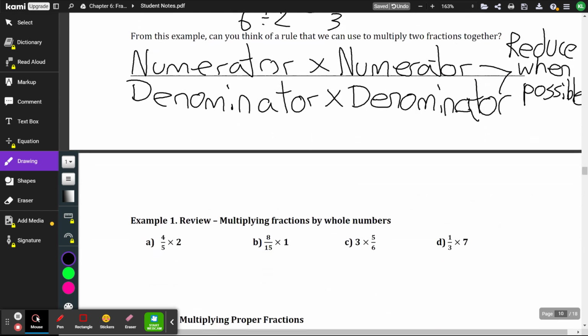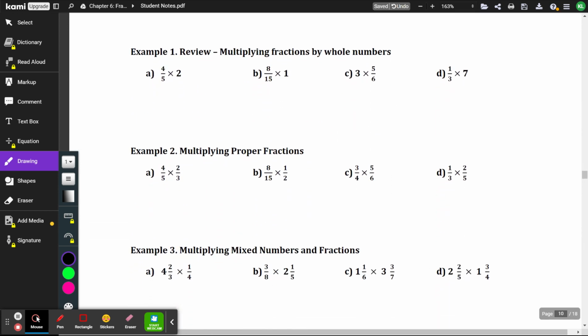Moving on to the next page. Reviewing multiplying fractions by whole numbers. Remember I said essentially what it means is you're only multiplying the numerator by the whole number. So 4 times 2/5 equals 8/5.